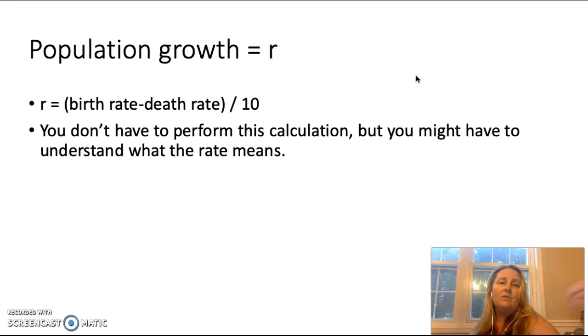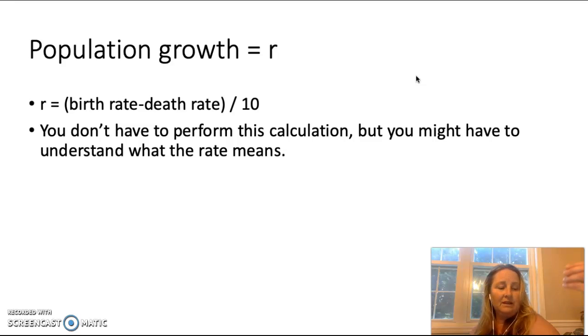So remember that if it's a high rate, then that would mean that the population is growing, and high rate is like 3%, right? And then a low rate or if it was a negative rate, then that means that we aren't even replacing the population, and the population is really declining in that area.